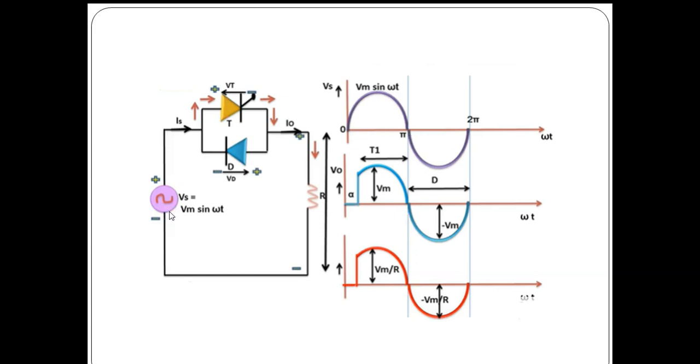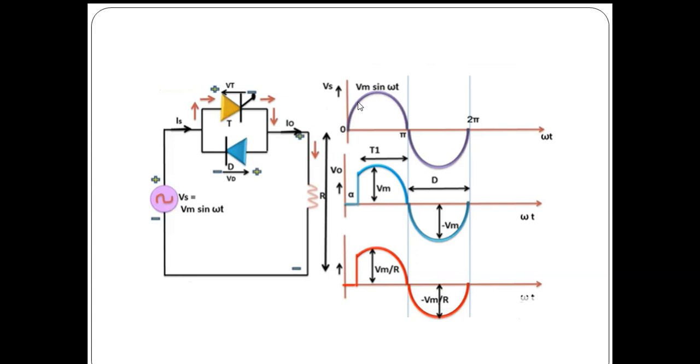This is the AC supply source, this is the thyristor, this is the diode, and this is the load resistance R. From instant 0 to pi we have the positive half cycle of the supply, and from instant pi to 2 pi we have the negative half cycle.